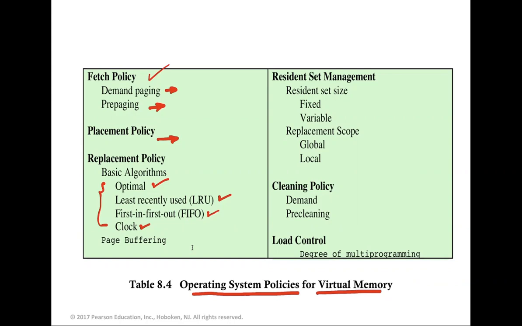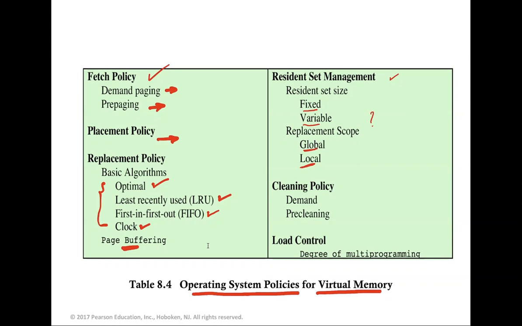Also, when it comes to page buffering, we have to know which policy is the best for it. And when we talk about resident set management, which I will address in the next few slides, is fixed resident set size optimal versus variable resident set size? For replacement scope, is global the best or local the best? There is no answer to which strategy is the best, because it's a complex process.